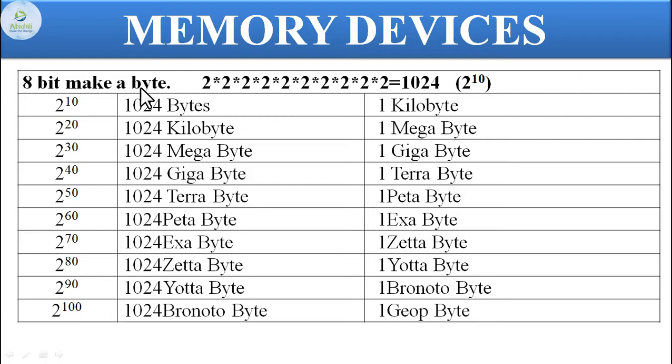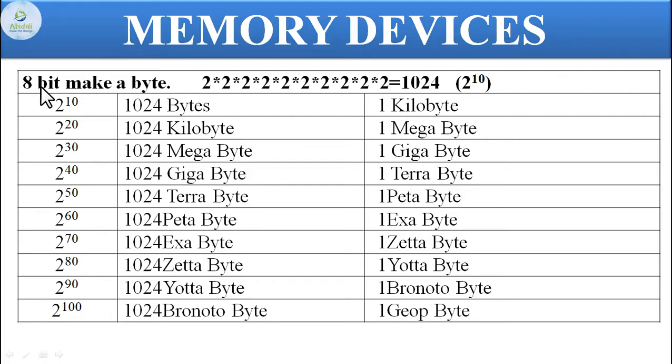So you have 0011, that is a combination of 4 bits, we will call it a nibble. So a nibble is a combination of 4 binary digits, whereas a byte is a combination of 8 bits.